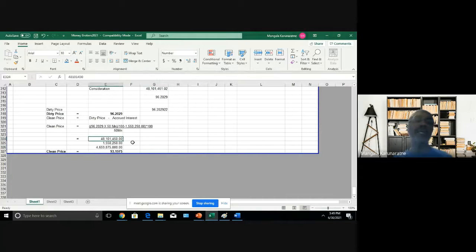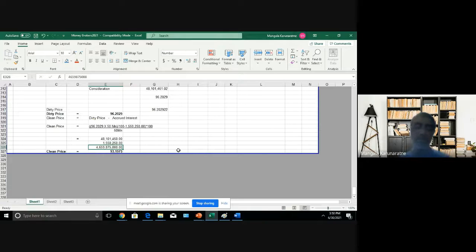This amount it will give you, right? Then you have to deduct 1,550,250, and you will get 46. This you have to multiply by 100.